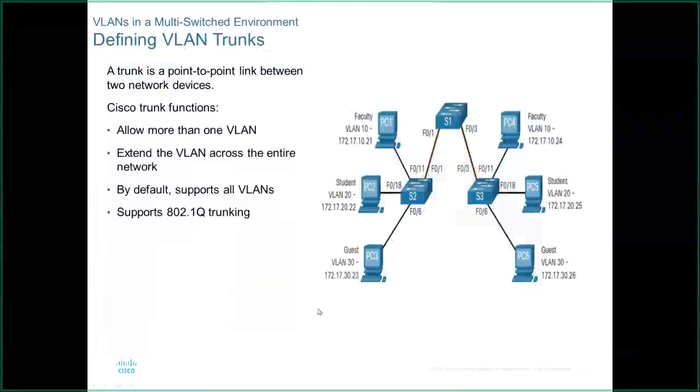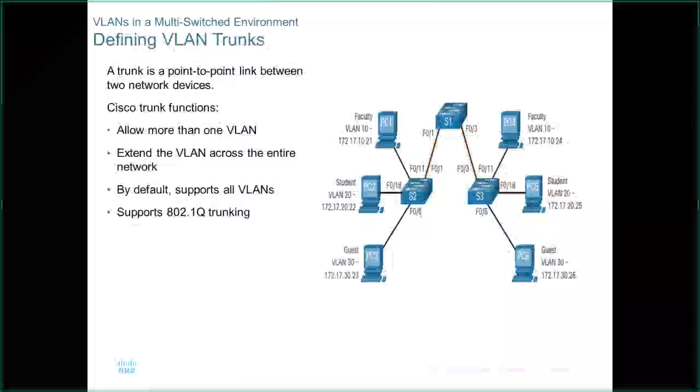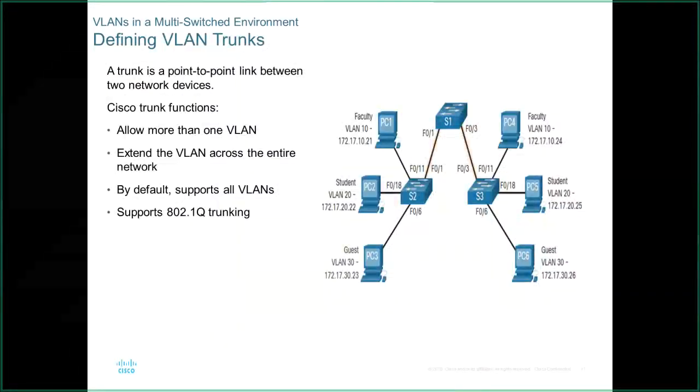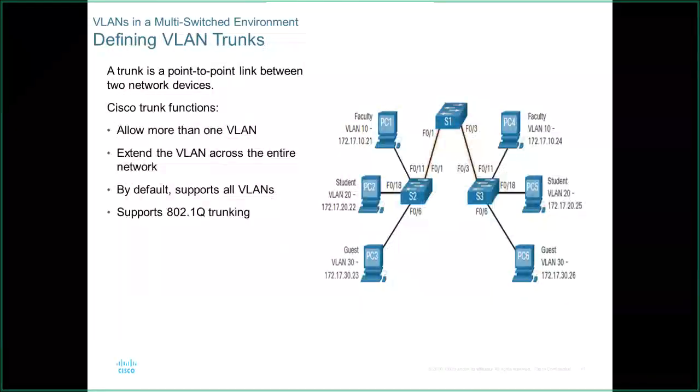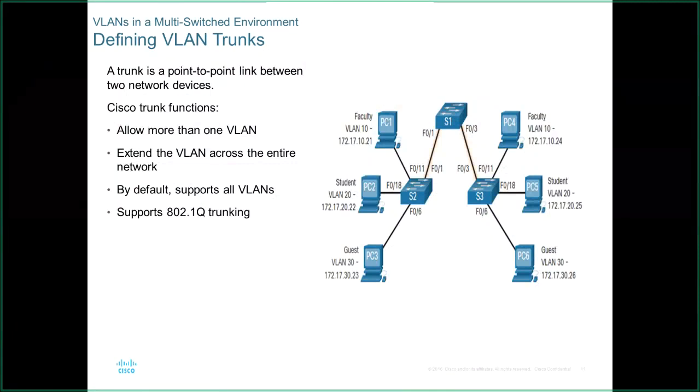So can we have VLANs running across multiple switches working together? Yes, we can. To do this, we connect these switches together with a trunk. Now, a trunk is where we combine traffic together.